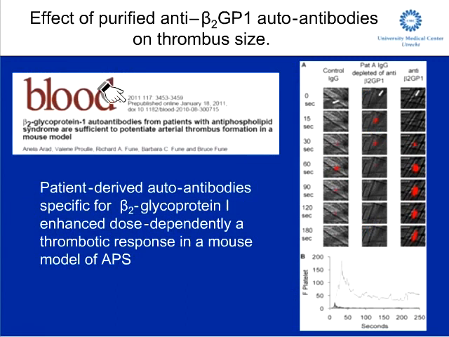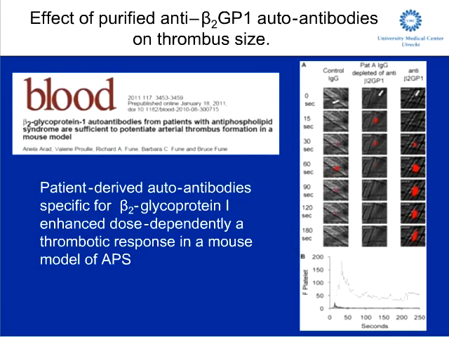I think a very important paper came out last year from the group of Bruce Furie, who isolated patient antibodies specific for beta-2-glycoprotein 1 and used these in a mouse model of thrombosis. What you can see is that with control IgG, there's only a weak response in this thrombotic model.